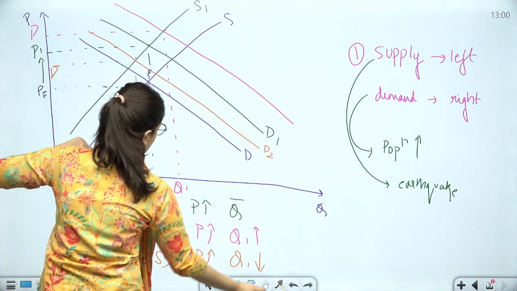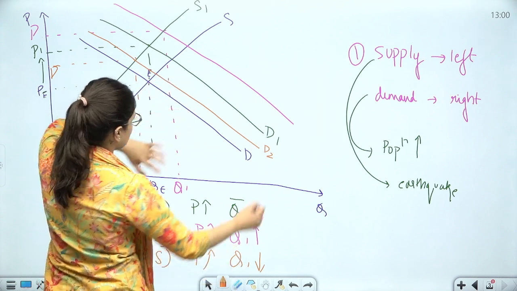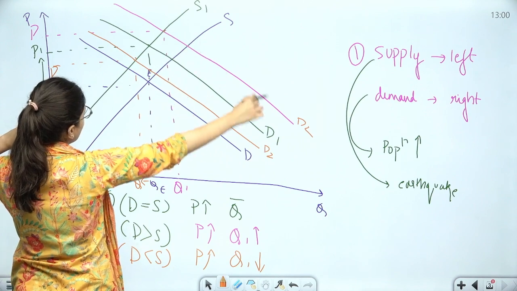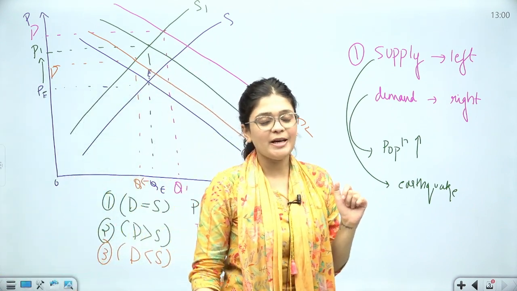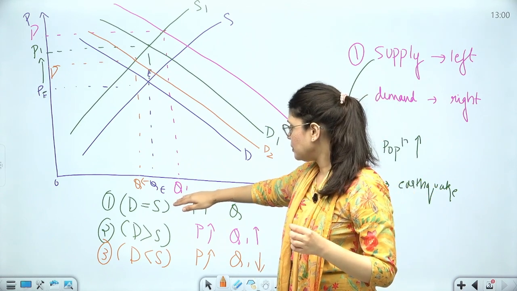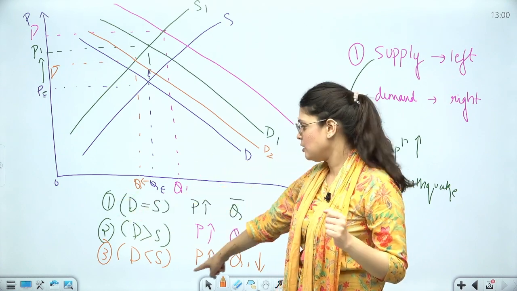Now, if I say the second case in which demand, that is the D2, this is D2. Okay, so D2 cutting here, it means that demand is more than the shift in supply. So that is why the quantity is still available to people, but in this case supply shift is more. It means more and more of supply is decreasing than the increase in demand.